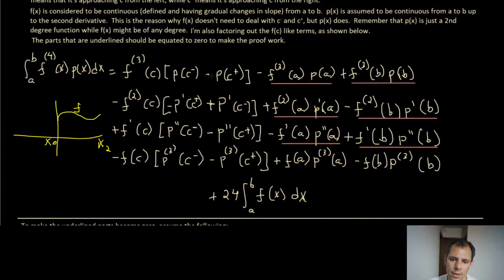What the heck is this? Because we're not talking about limits, okay? Oh, it's c approaching from the left and c approaching from the right, but why? Because it's just p of c, right? If you have p of x, and you plug a c in here, you have p of c. It's not coming from the right or the left. It's because the p from a to c is going to be one, and from c to b is going to be another, all right?